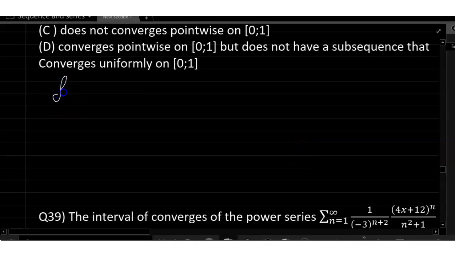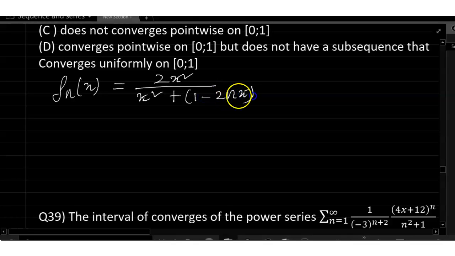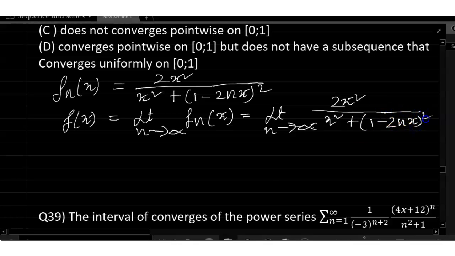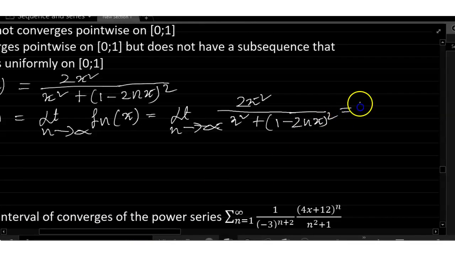So friends, my sequence is f_n(x) equals 2x square divided by (x square plus (1 minus 2nx) whole square), and f(x) equals the limit as n tends to infinity of f_n(x), that is the limit of 2x square divided by (x square plus (1 minus 2nx) whole square), equals 0.